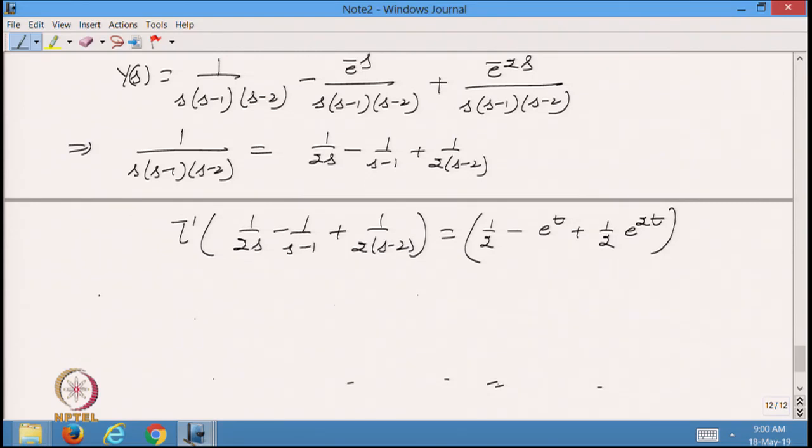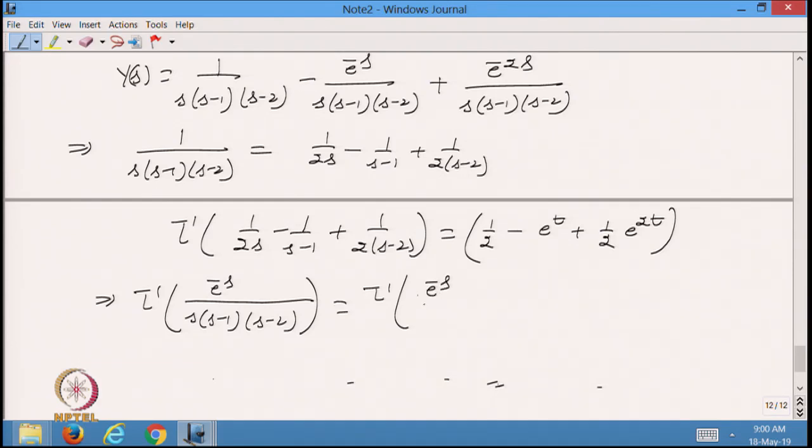So, from here I can define the Laplace inverse of e raised to power minus s divided by this factor, again s minus 1, s minus 2, and this one I can take in a similar way. So, it will be again L inverse of e raised to power minus s over 2s minus e raised to power minus s over s minus 1 plus e raised to power minus s over 2 s minus 2.